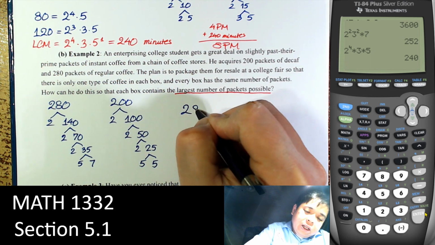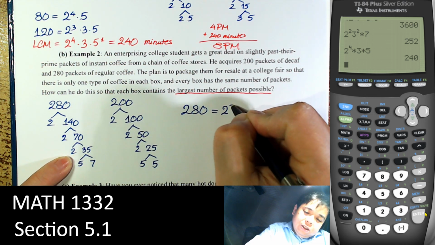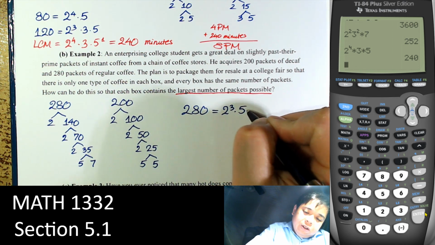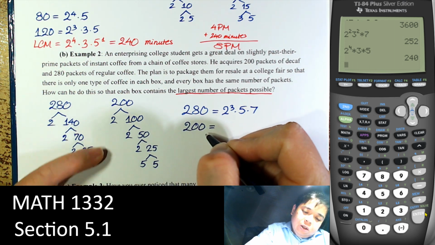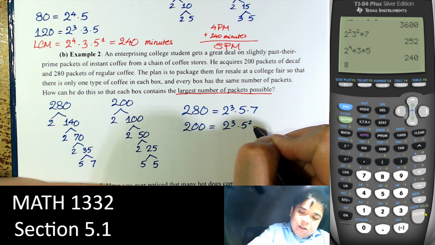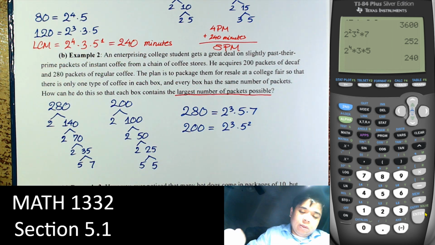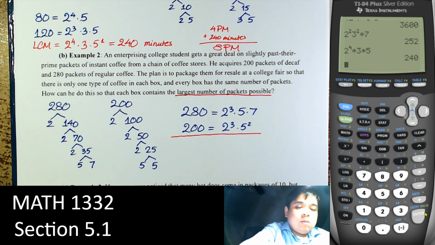So we say 280, 1, 2, 3 times 5 times 7, 200, 1, 2, 3, 5 squared.